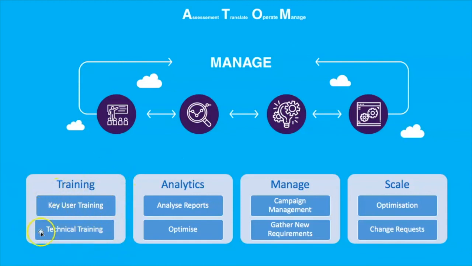There has to be technical training, because if the platform is managed by the business, they need to work closely with the IT team, who need to understand how to work with the technical aspect of the platform. Then, because we need to analyze the campaigns going out from Marketing Cloud, the dashboards or Tableau or Power BI integrations need to be done and constantly optimized, so that it's easier for the business to see reporting and take decisions based on the data displayed.